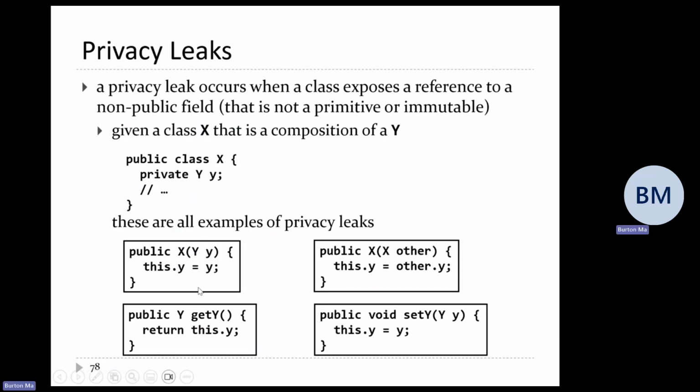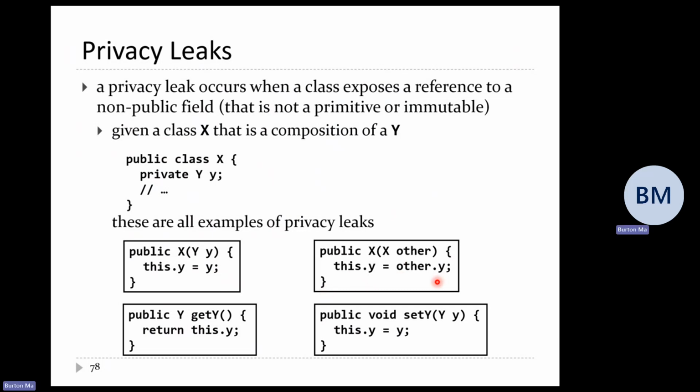All of those examples I just went through are specific examples of these generalized things here. If you have a constructor that takes in a y object, this.y equals y, that's aggregation, not composition. That's a privacy leak. This y object is the same y object as the one that was passed in. Here's your copy constructor.